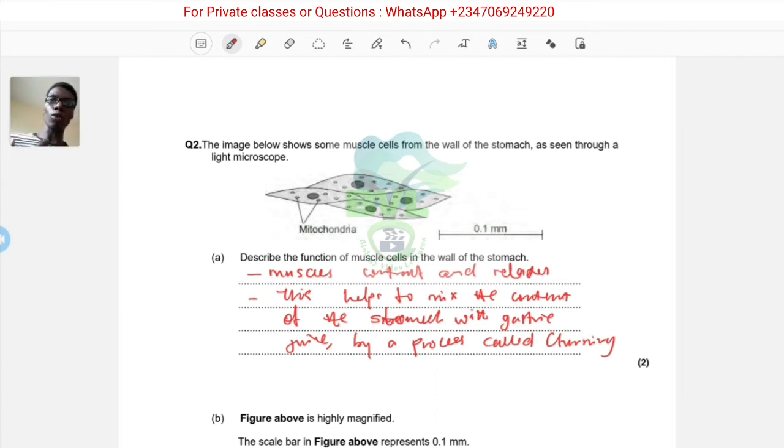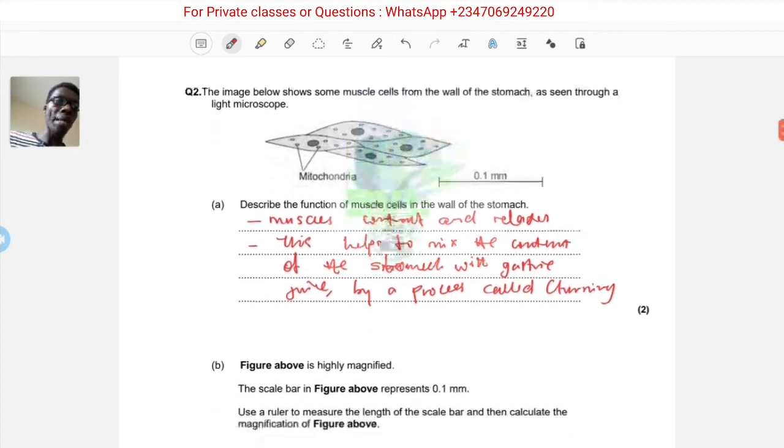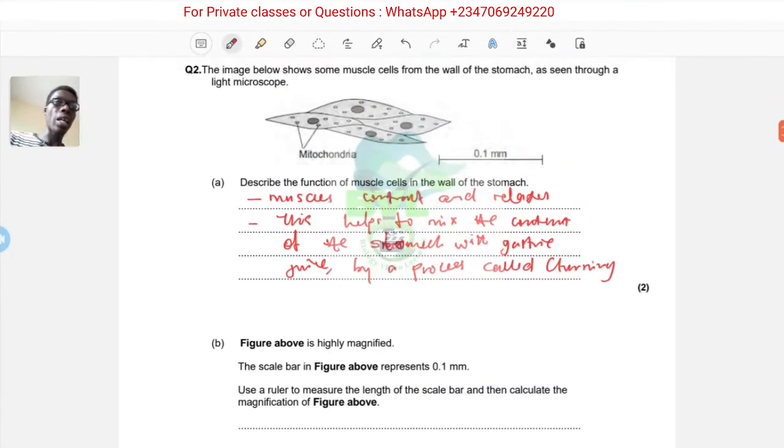So when you eat, the food goes in there and the stomach mechanically mixes the food with the gastric juice, which is made up of pepsin, hydrochloric acid, and what have you. Sometimes when you hear some sounds in the abdomen, some of them might be churning, but not all the sounds in your abdomen mean the stomach is churning the food. No, but one of them could be. It takes a professional to know which one it is. All right, so that's the two answers there for the 2 marks.